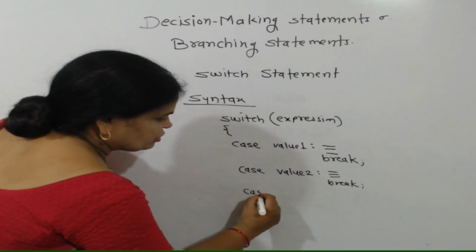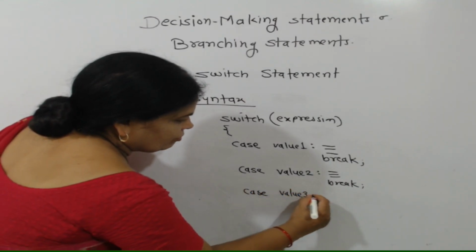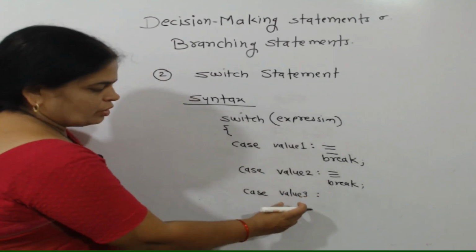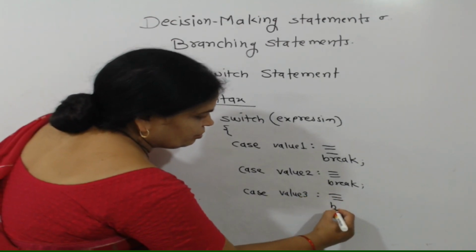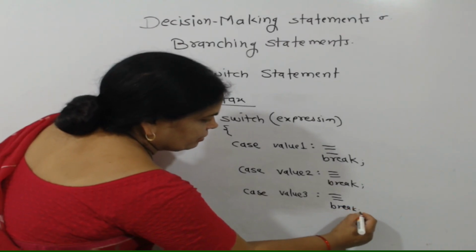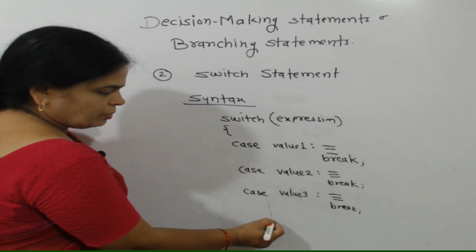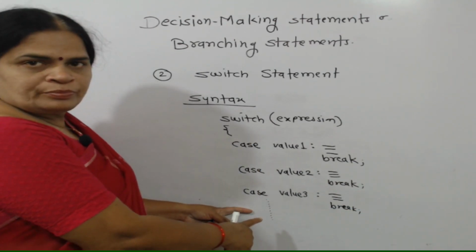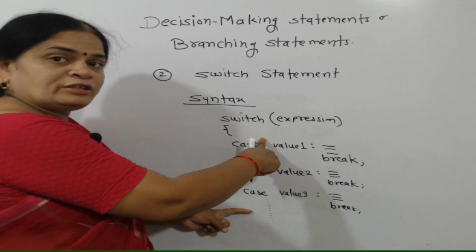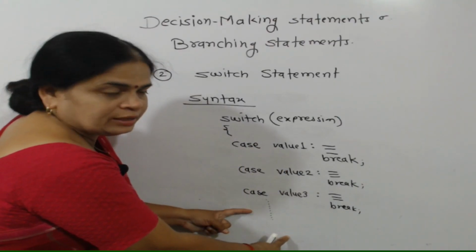Next, for the next choice there will be a third case with another value, suppose value 3, and so on, with a number of statements. After that break, and so on. As many choices as you have, that many cases there will be. If you have 10 choices, then there will be 10 case values and cases.